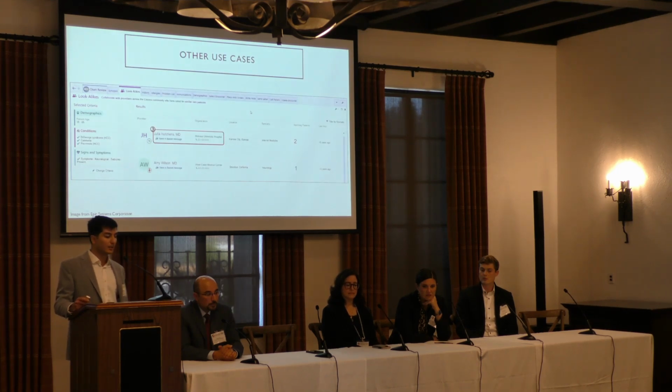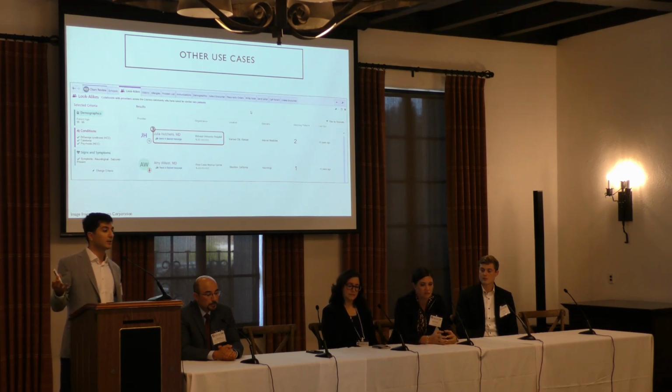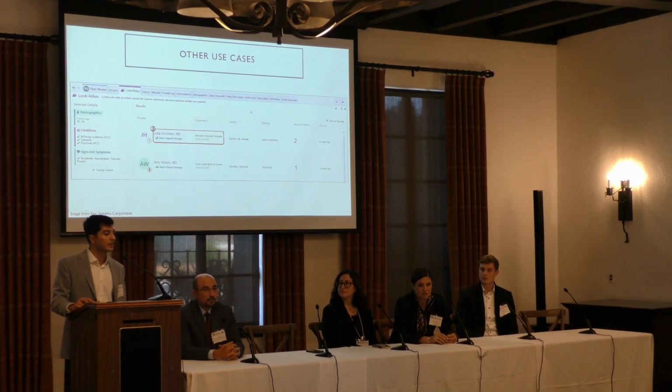Other use cases that I think are interesting for you to know about, they have something called lookalikes, which is a way for you to compare the metrics of your patient to patients exactly similar to them in other institutions. So let's say you have a patient with a really rare disease and you're debating between medical versus operative management, for example.